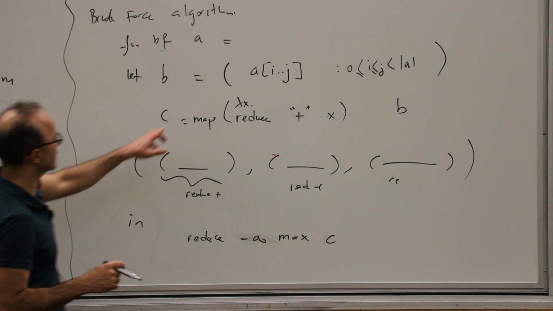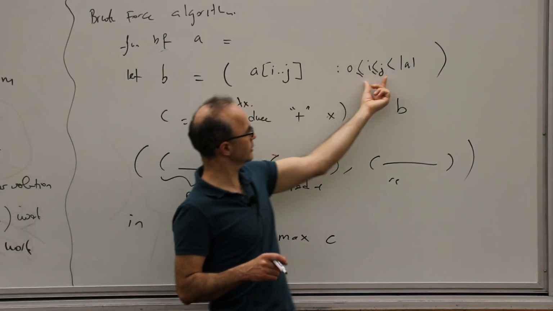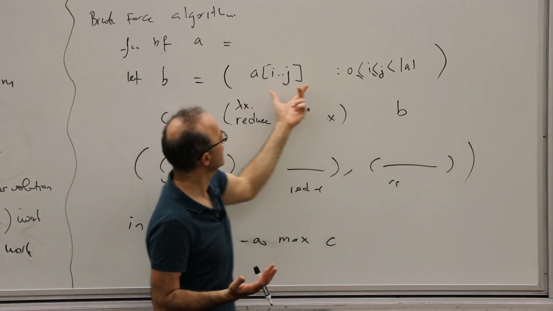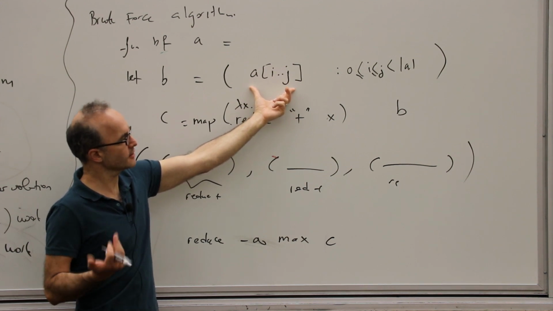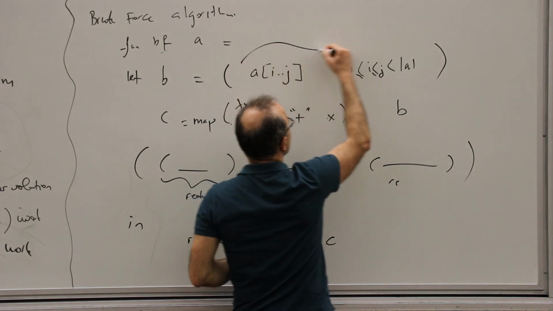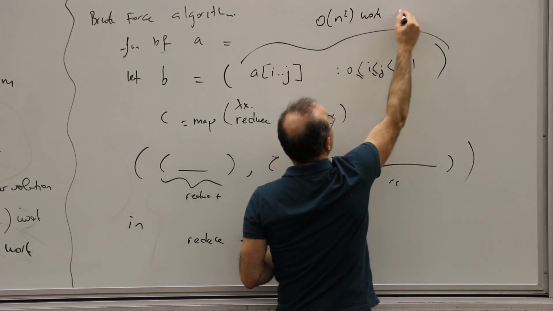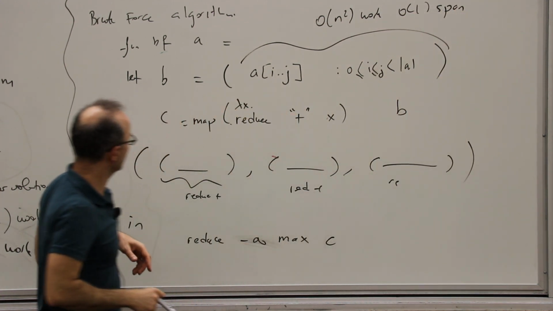So let's analyze the cost. The cost really is in this tabulate, because we consider all i, j's. There are n square of them, and for each one we do a subsequence. That's constant work and span. So constructing this whole thing is order n square work and order 1 span, because tabulates are constant span.